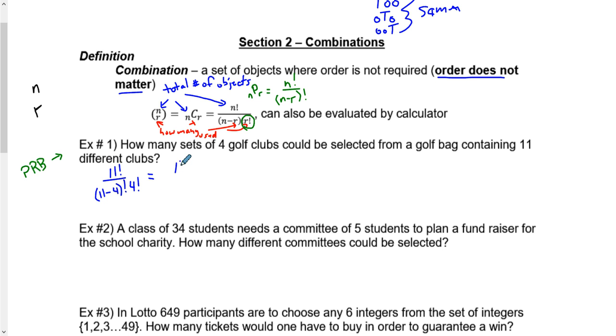So 11 factorial would be 11 times 10 times 9 times 8 times 7. I'm going to leave it at 7 because 11 subtract 4 is 7.